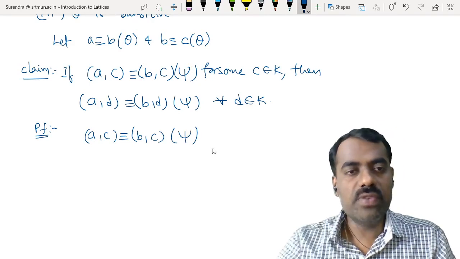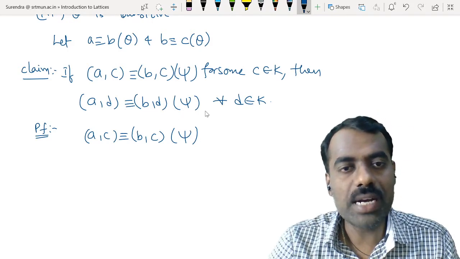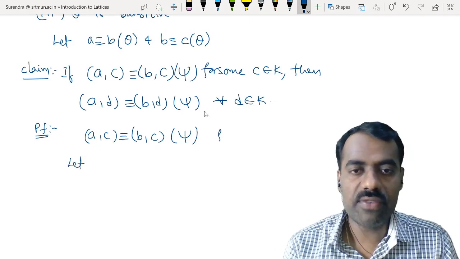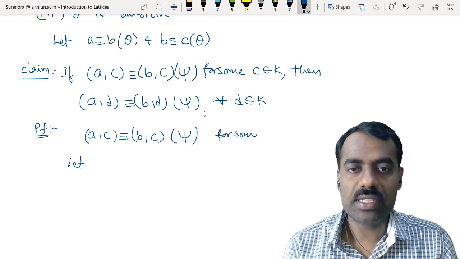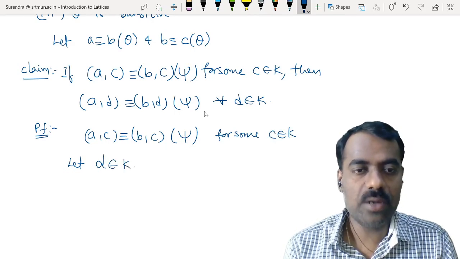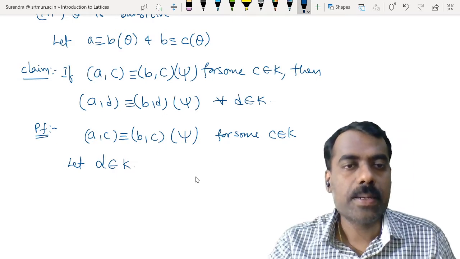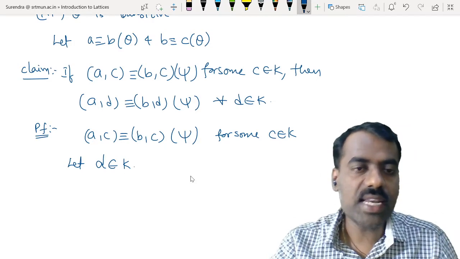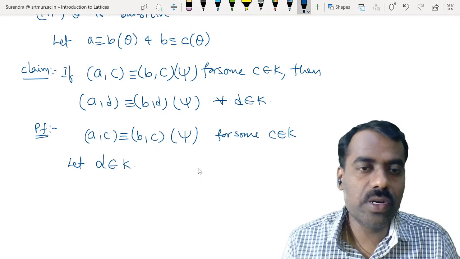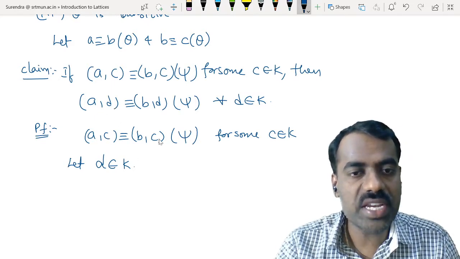Now somehow we want to show that A comma D is congruent to B comma D. So start with, let, for some C in K. Now let D be any arbitrary element, let D belong to K. Using the fact that psi is a congruence relation, and using all those properties, we want to prove this. Our aim is to get D here.